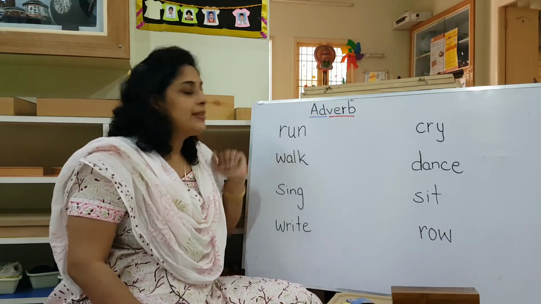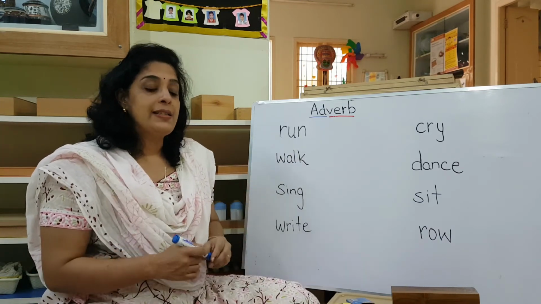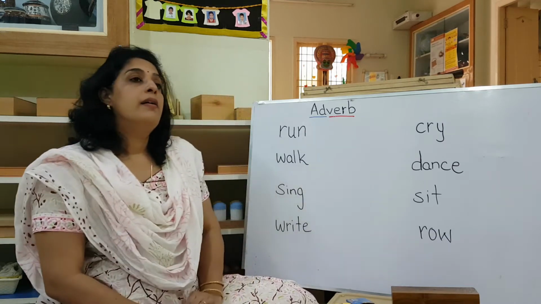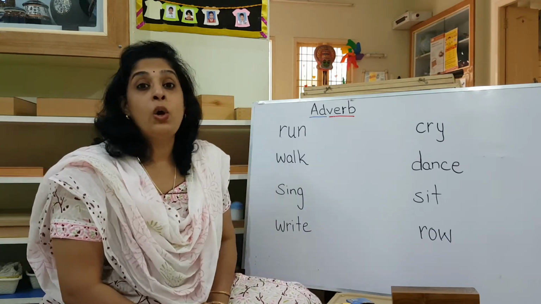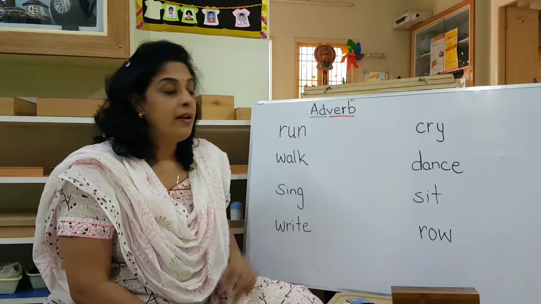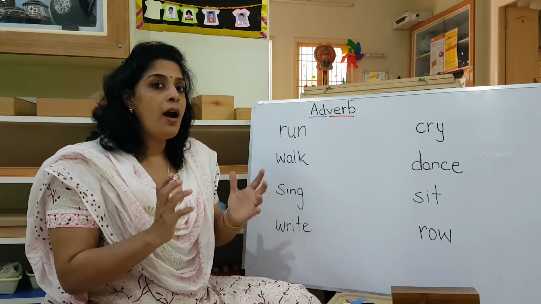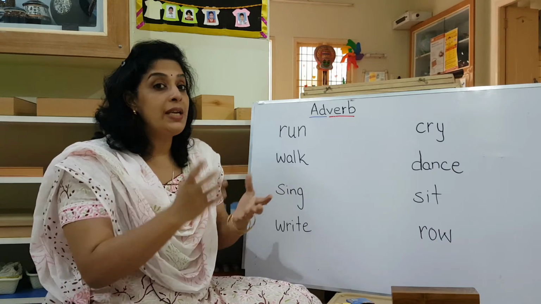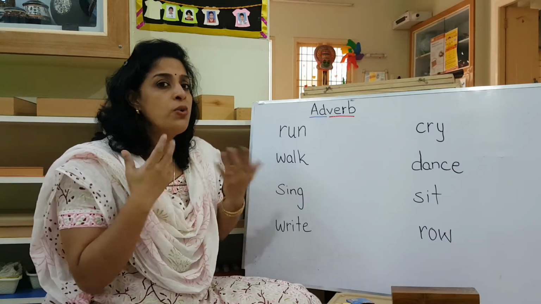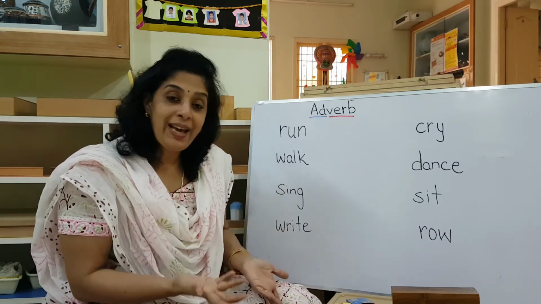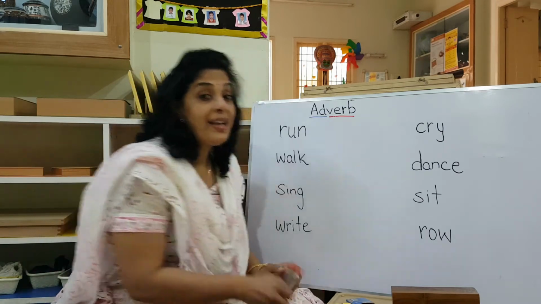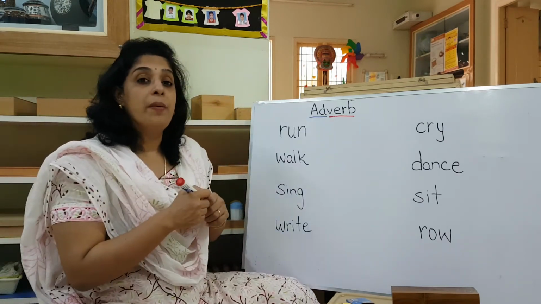Now let's take this action. In a sentence, I might say, please run quickly. Please run quickly. Now how should you run? I'm telling about the action. The action is running. How should you run? Quickly. Okay. So that is called as an adverb.